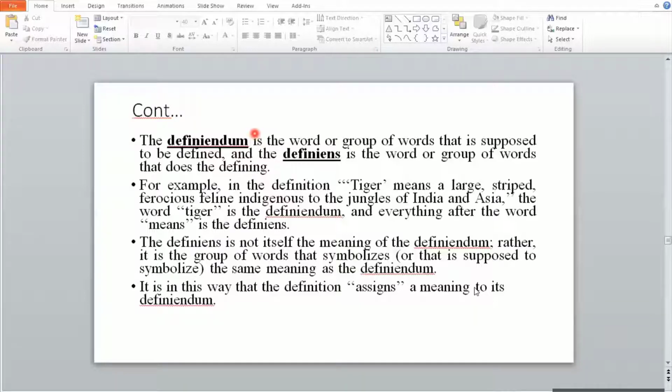So the term that is going to be defined is the definiendum, whereas the remaining elements of the definition are called the definiens. But what we can say here is that the definiens of this definition cannot stand by itself, because it's a mere extension of the definiendum, that is the tiger.